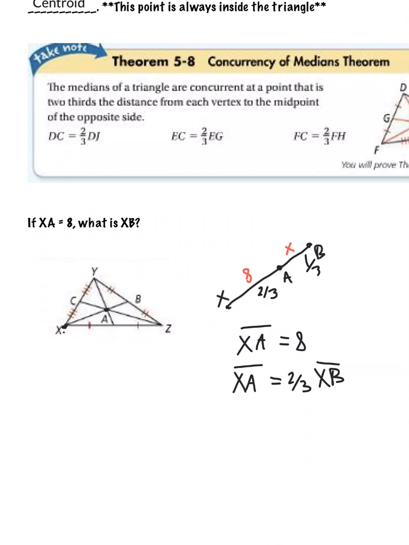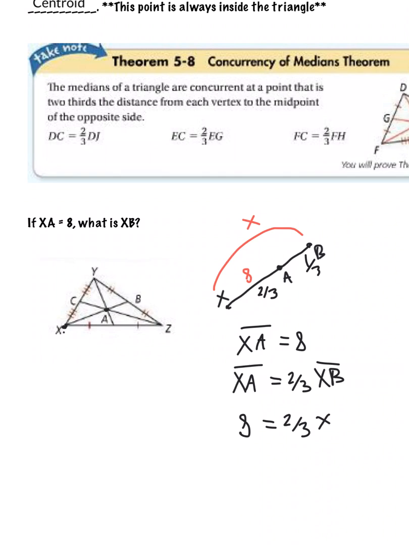I'm just grabbing those formulas from the box above and filling in. Well, I know x to a is 8 equals 2/3 of my total length. Actually, I'm going to say this total distance from x to b is x.